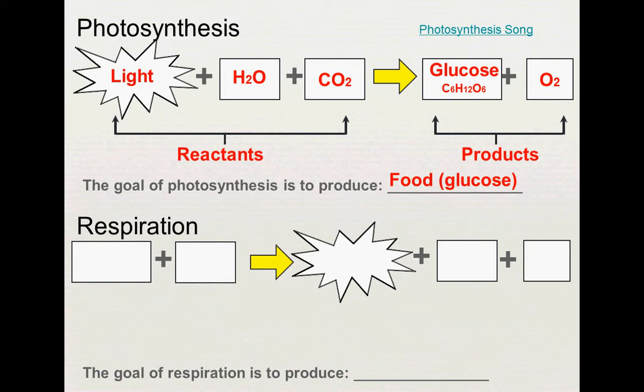Another chemical reaction that happens in living things is called respiration. Respiration happens in just about all living things. In this process, we start off with two reactants and end up with three things.